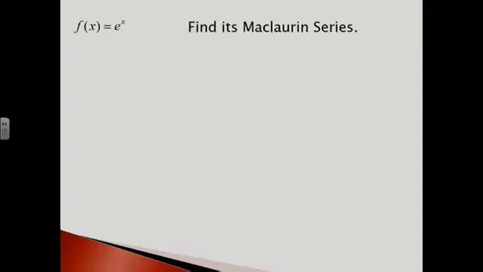Find the Maclaurin series for f(x) equals exponential of x. To find the Maclaurin series, we have to compute the kth order derivative of exponential of x at 0. Since they are all equal to exponential of x, their values at 0 are all 1.